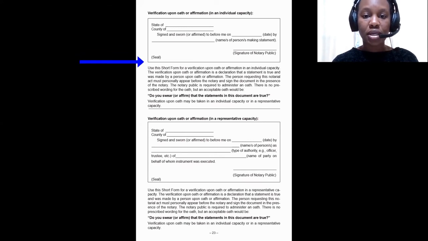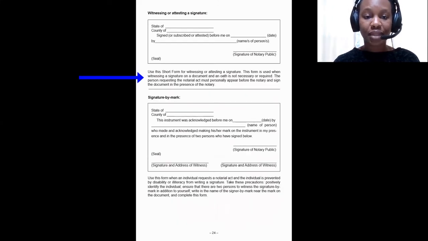Continuing with the individual oath and an oath in a representative capacity, and also with witnessing or attesting a signature or a signature by mark. Copy and paste these forms into a Word document, and there is your form.